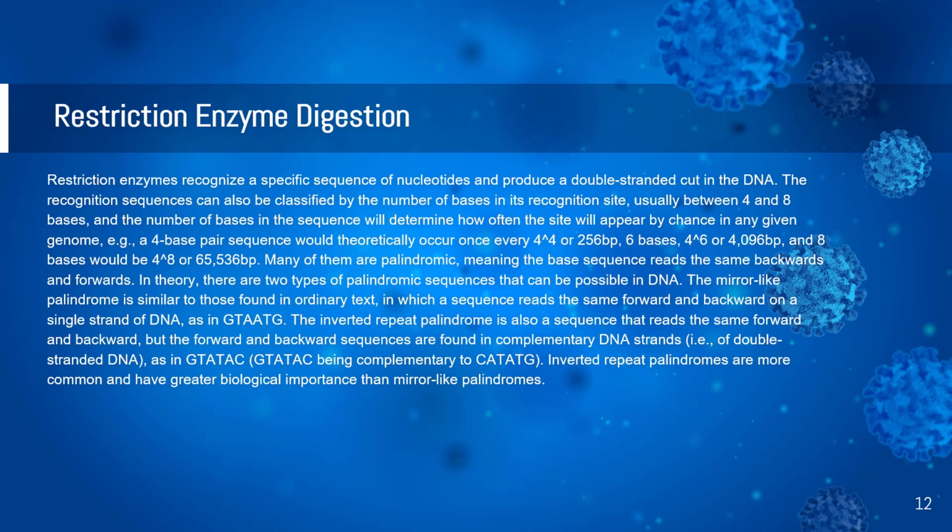For example, a 4 base pair sequence would theoretically occur once every 4 to the power 4, or 256 base pairs. 6 base pairs is 4 to the power 6, or 4096 base pairs, and 8 bases would be 4 to the power 8, or 65,536 base pairs. Many of them are palindromic, meaning the base sequence reads the same backwards and forwards.